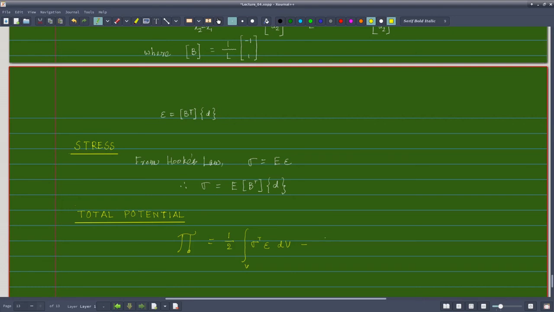applied at different points. Okay, for example, suppose I have a 3D body like this, and say it is supported at various points, of course. And say we have discretized it with some finite elements, something like this. Say I have triangular elements we have used.